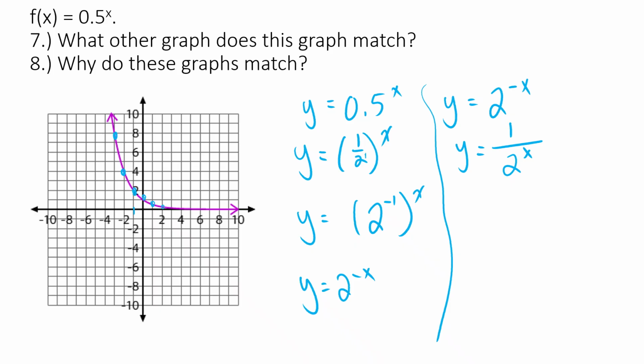And the 1 there doesn't have an exponent on it, but you could just say 1 to the x, because 1 to any power is just 1. It's kind of like adding a 0 to something. So 1 to any power is just 1. And then that would be the same as 1/2 to the x power. And that would be the same as the 0.5.